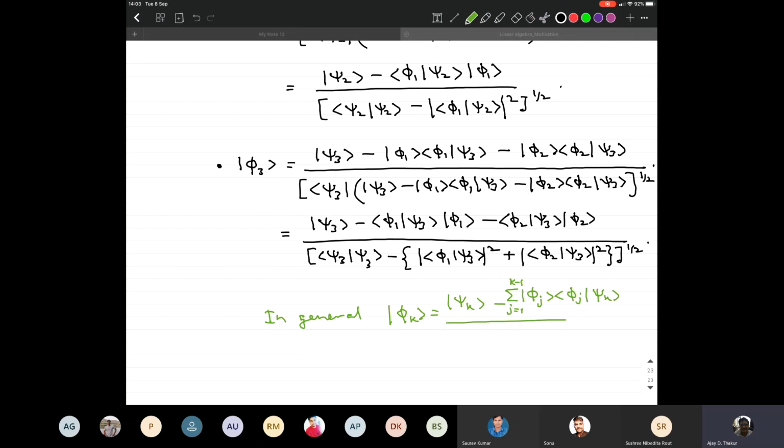And in the denominator would be a norm of psi k with this quantity.